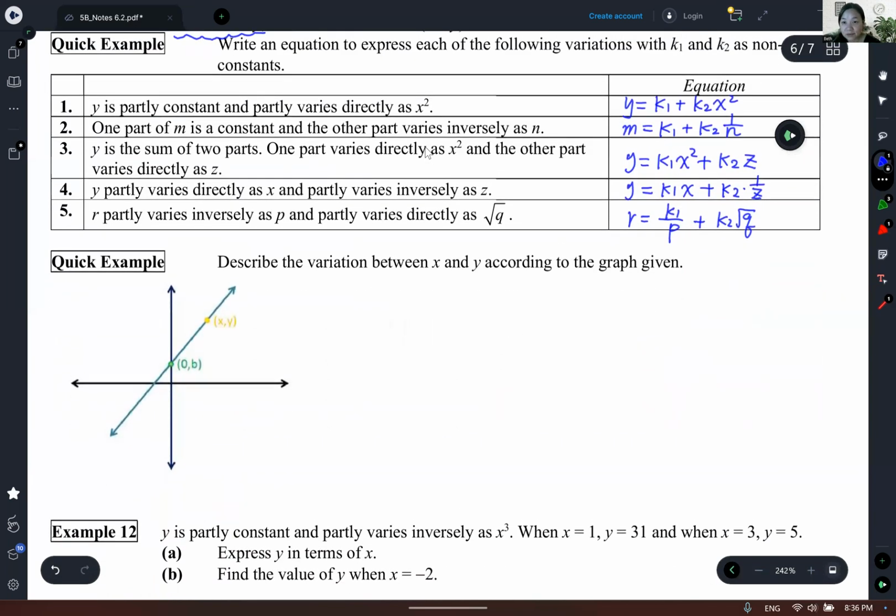There's a quick example before we move on to the official examples from the textbook. Sometimes there's just one case where a graph is involved. When you see a relation between X and Y, with Y on this axis and X on this one, it's an easy relation because we learned this before.